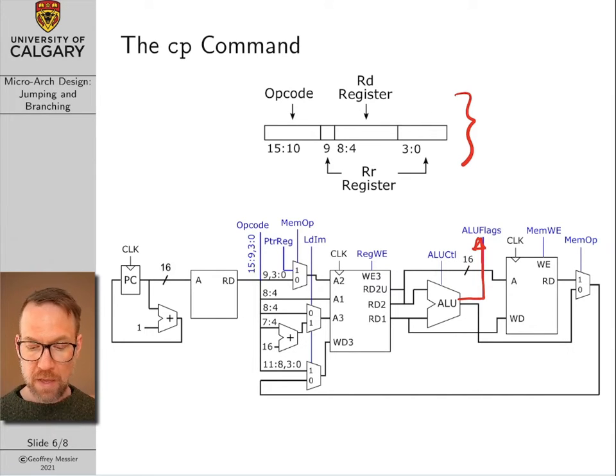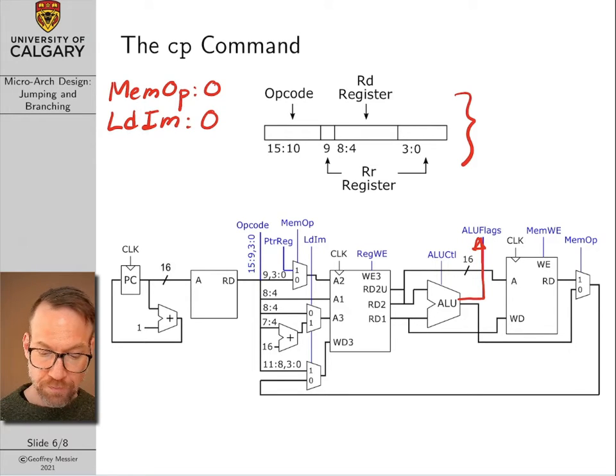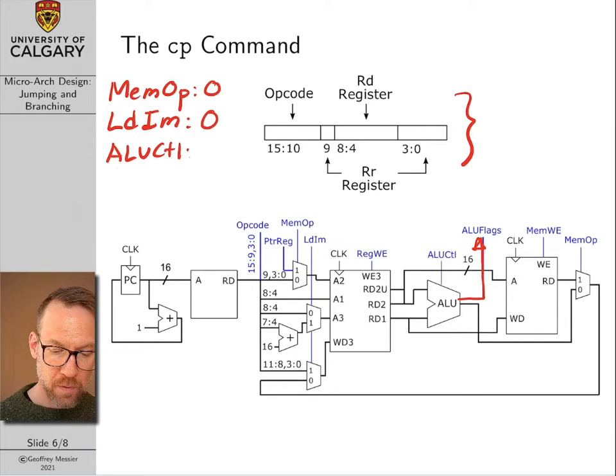Now, if we look at what our control line settings might be to support the compare command, the memop line would be 0. The load immediate line would be 0. ALU control would be set for subtraction.